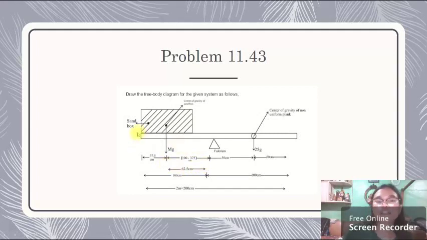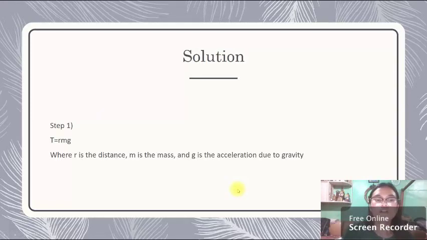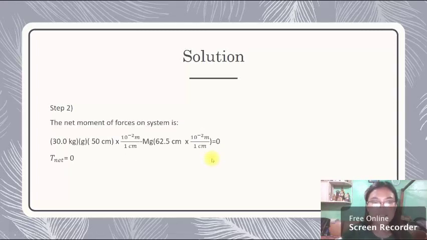And all in all, this point up to this point, we have a length of 200 centimeters. So we're going to use the expression of the torque, wherein torque is equal to Rmg, where R is the distance, m is the mass, and g is the acceleration due to gravity. So to calculate the mass of the sand, we're going to use the net moment of forces on the system.